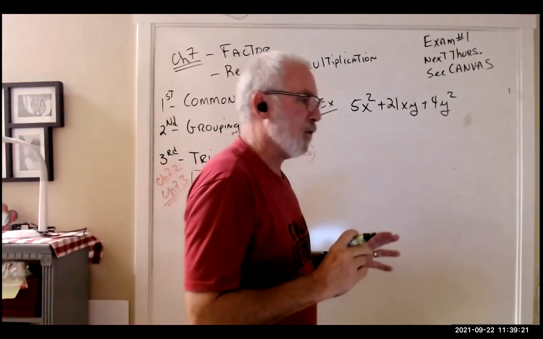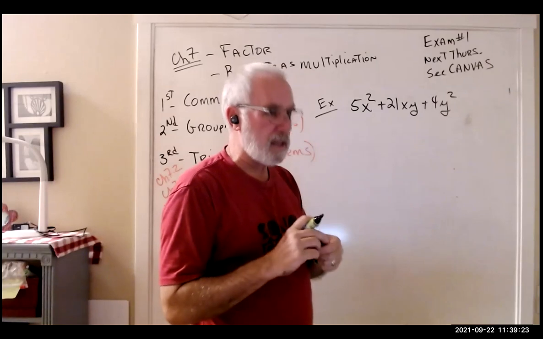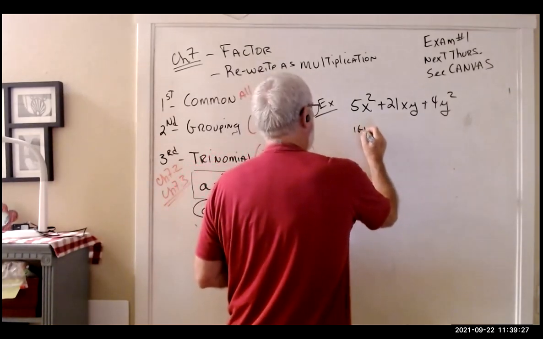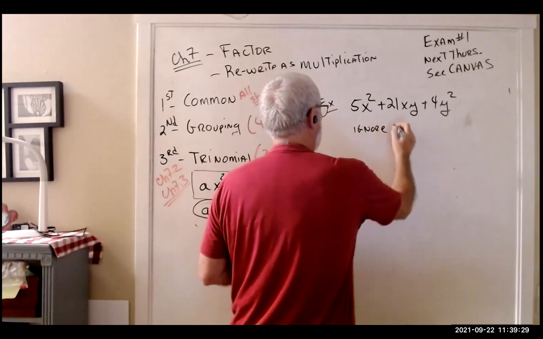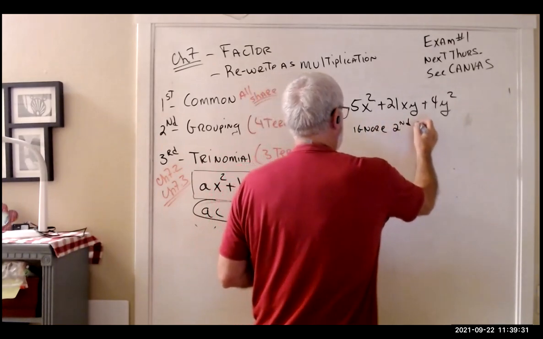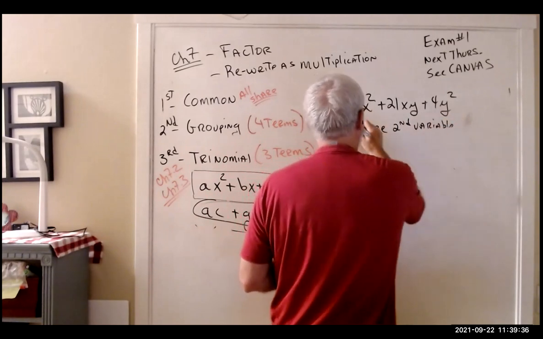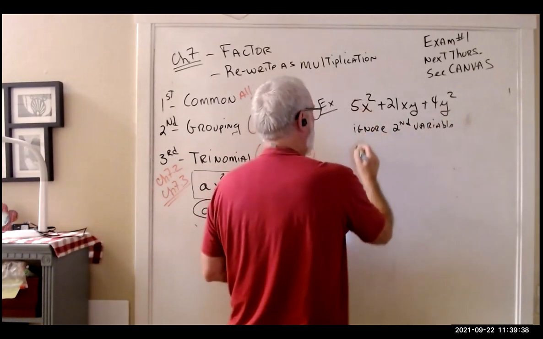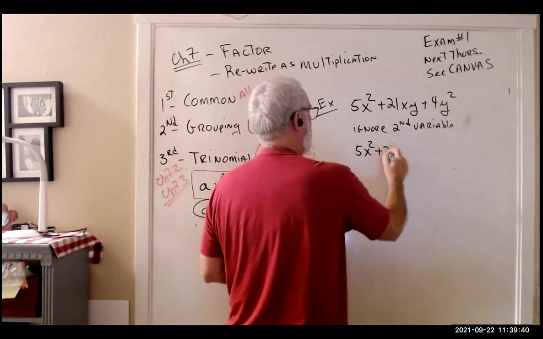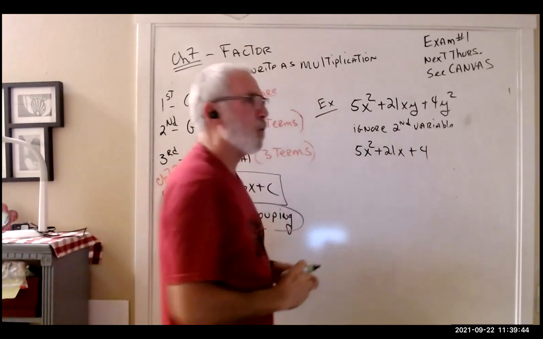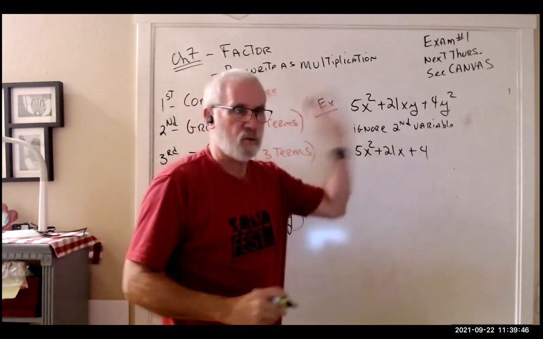For what it's worth, the way I like to do it is to ignore the second variable. Just ignore it. In other words, think of this as 5x squared plus 21x plus 4. Just dump the extra y.